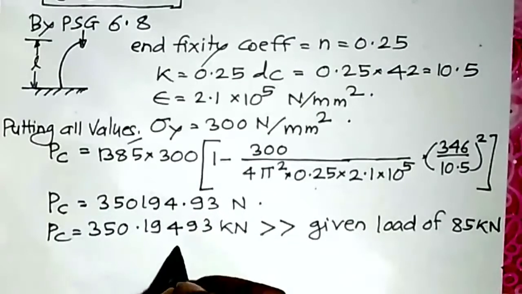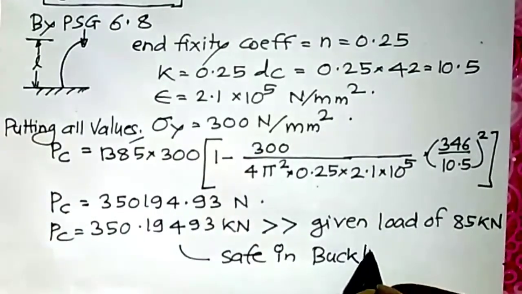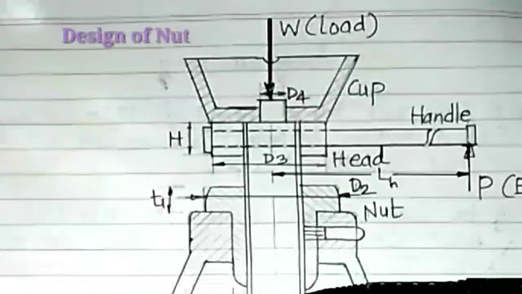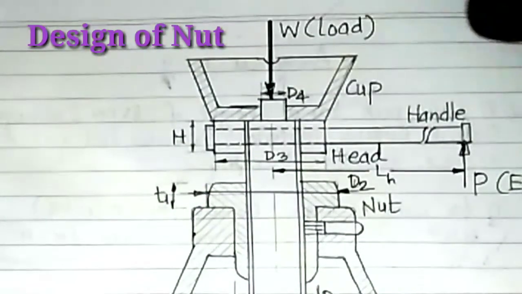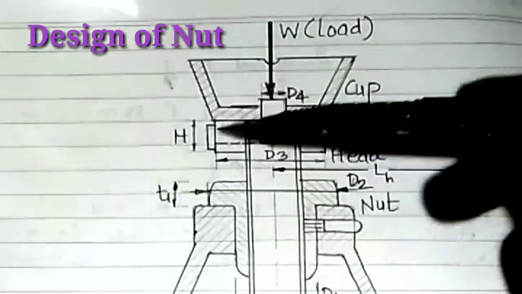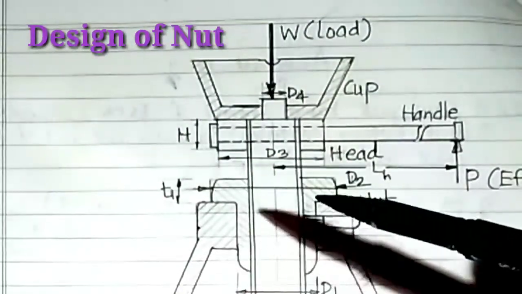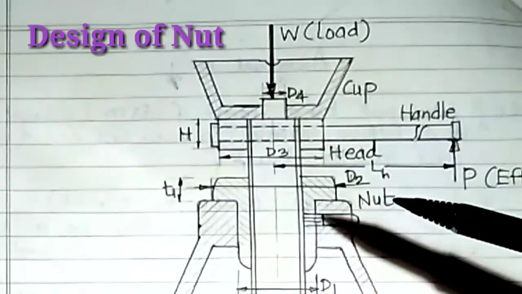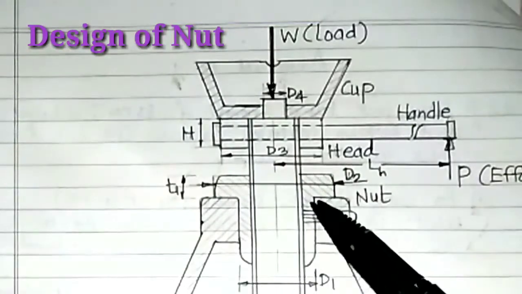So we'll have to find it out by putting all the values. The crippling load comes out to be 350 kilonewton. So it is much more than the load to which it is subjected to, that is 85 kilonewton. So we can say that the screw is safe in buckling. So this step is to be calculated when asked. Now after this, let us move to design of nut.